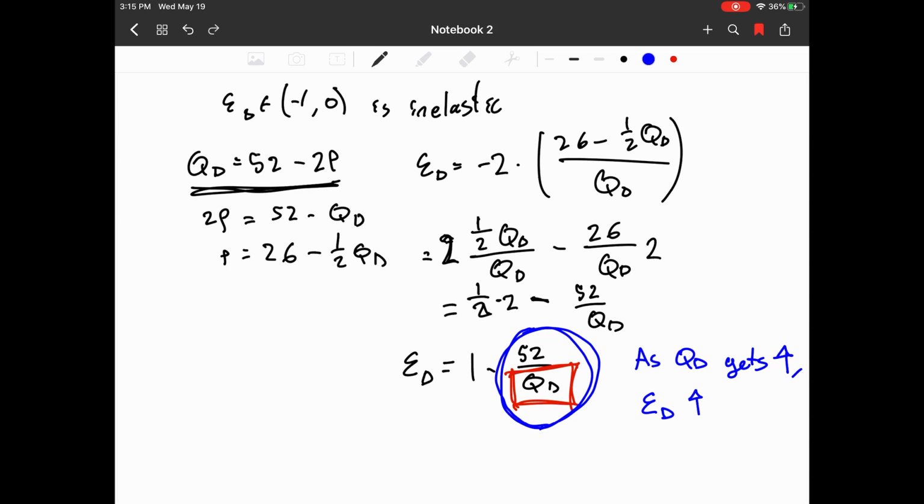Okay, so we know elasticity of demand and qd are positively related.